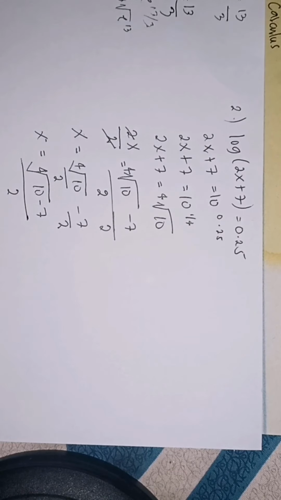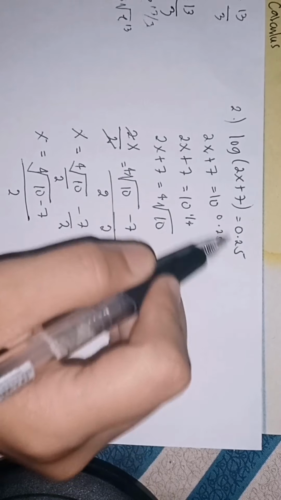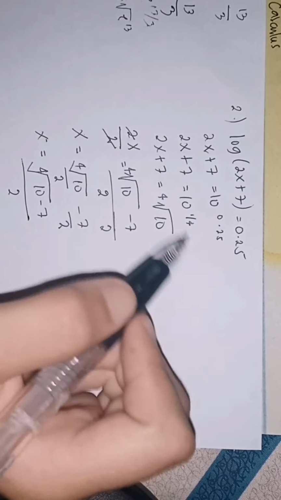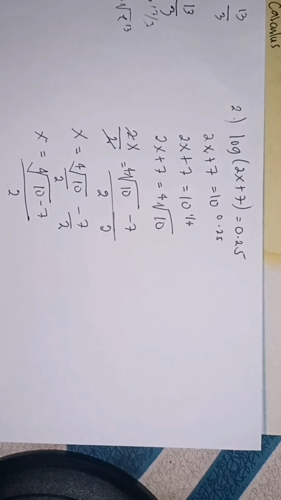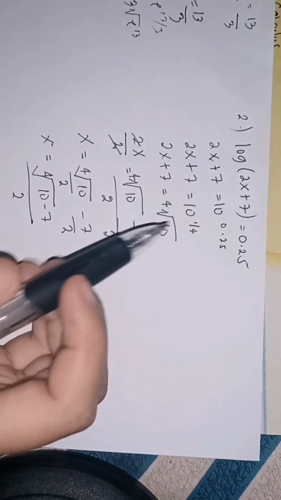For problem number 2, we have log of 2x plus 7 equals 0.25. For the common logarithm, we have base 10.